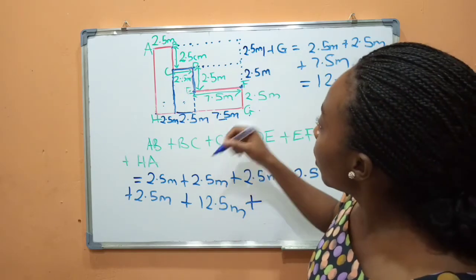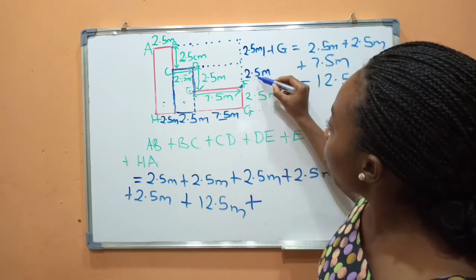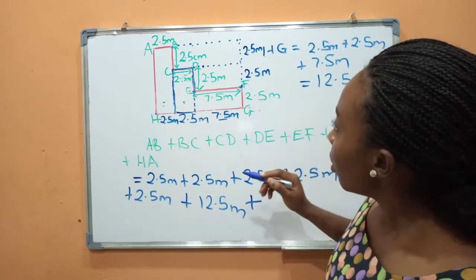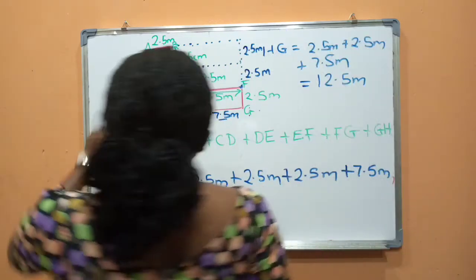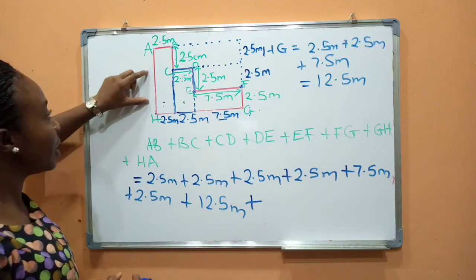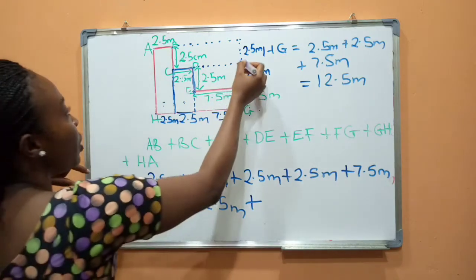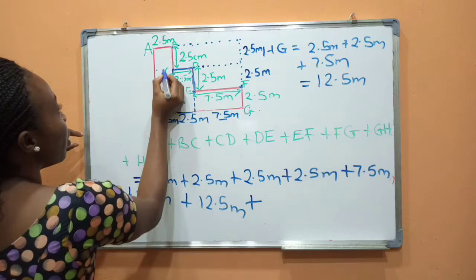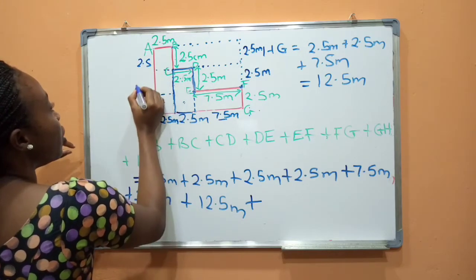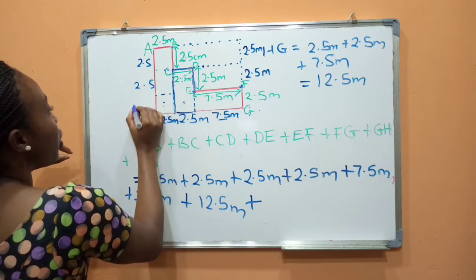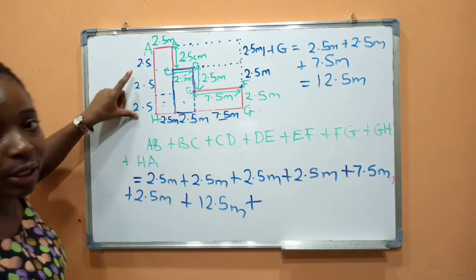So if we have 2.5, 2.5, 2.5 here, because opposite sides of a rectangle are equal, we are equally going to have exactly the same thing here, okay? What's happening here is the same thing happening here. We are going to have 2.5 meters, 2.5 meters, and 2.5 meters, exactly the same thing.